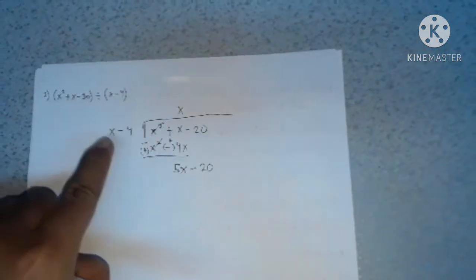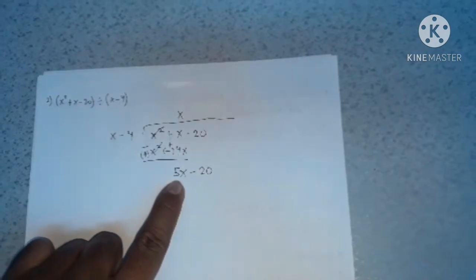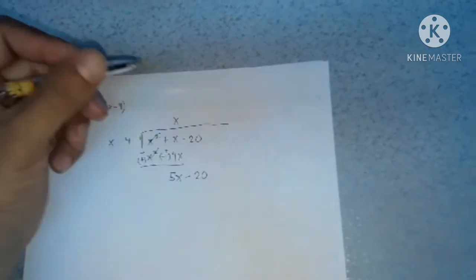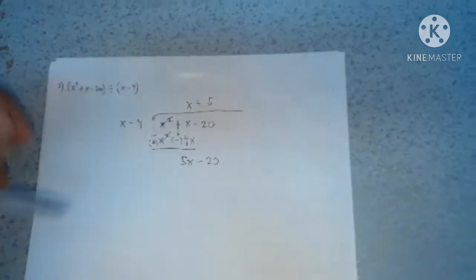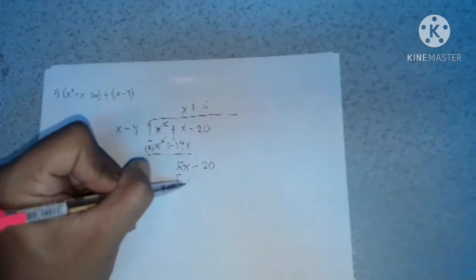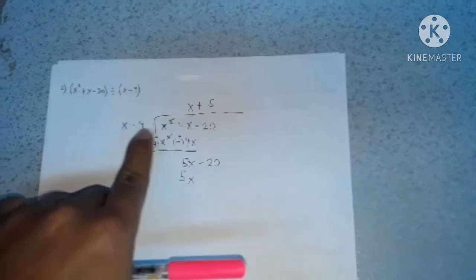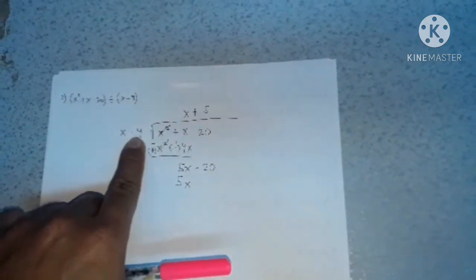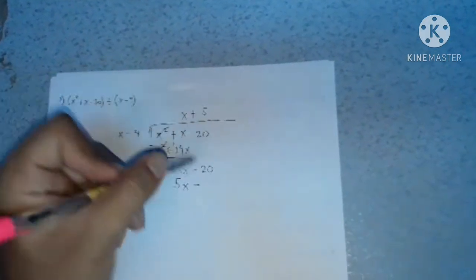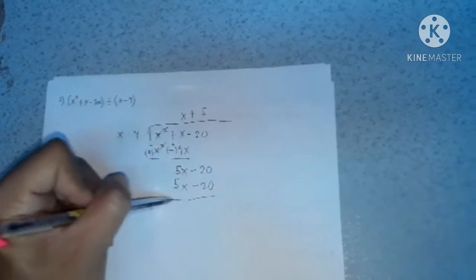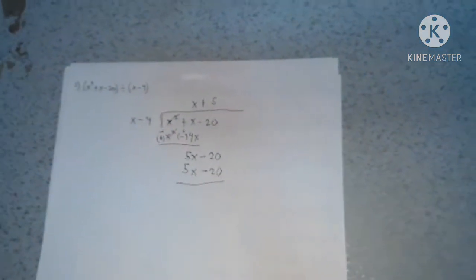Okay, so divide this one by this one. You have 5x divided by x is equal to positive 5, and then positive 5 times x, that is positive 5x. Positive 5 times negative 4, that is negative 20. So, change the sign of the terms, proceed to addition.